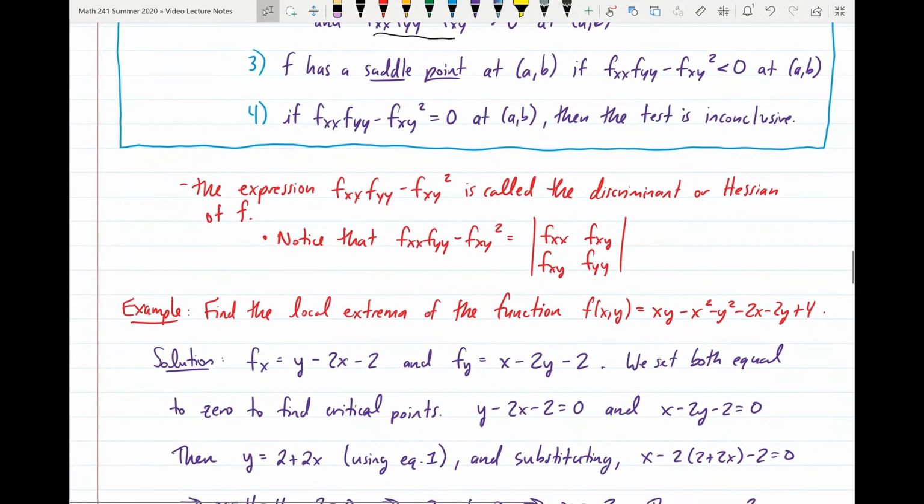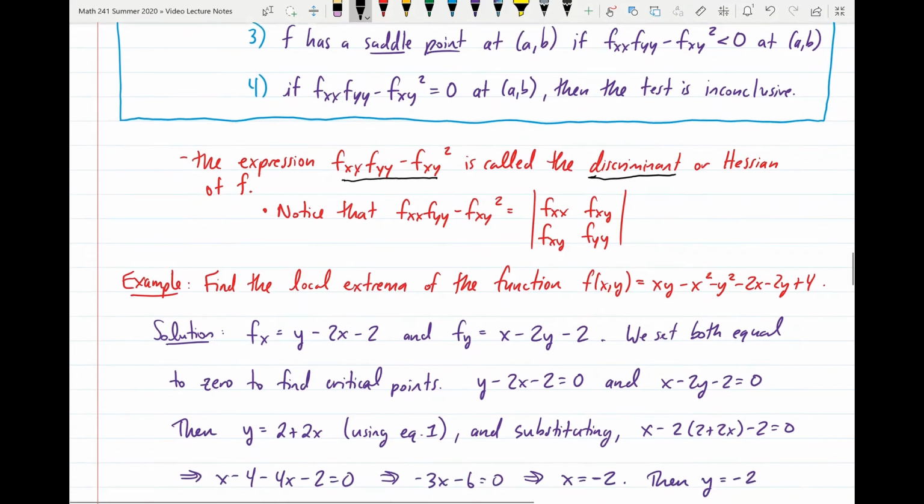So this infamous expression, f sub xx times f sub yy minus f sub xy squared, is called the discriminant, or the Hessian of f. So I'm probably just going to call it the discriminant. When I say the word discriminant from now on, that is what I'm talking about.